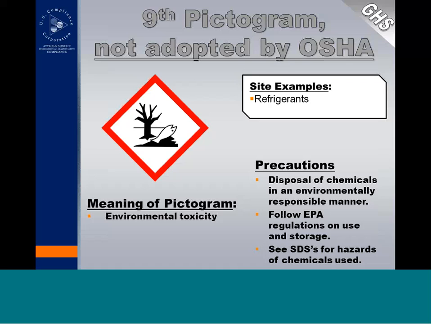Precautions: we need to dispose of chemicals in an environmentally responsible manner, follow EPA regulations on use and storage, and reference the safety data sheets of chemicals used for proper disposal. Examples of materials that are hazardous to the environment include your refrigerants that you find in your air conditioning and refrigeration systems.